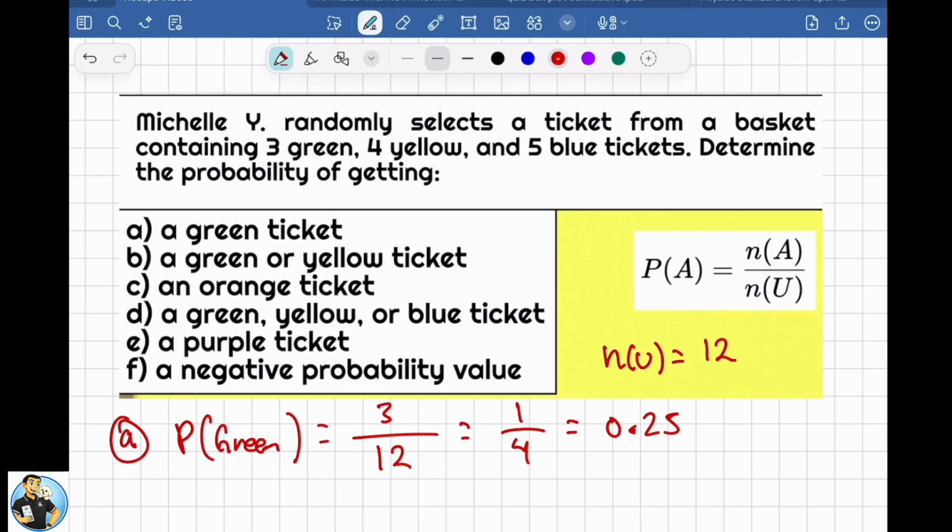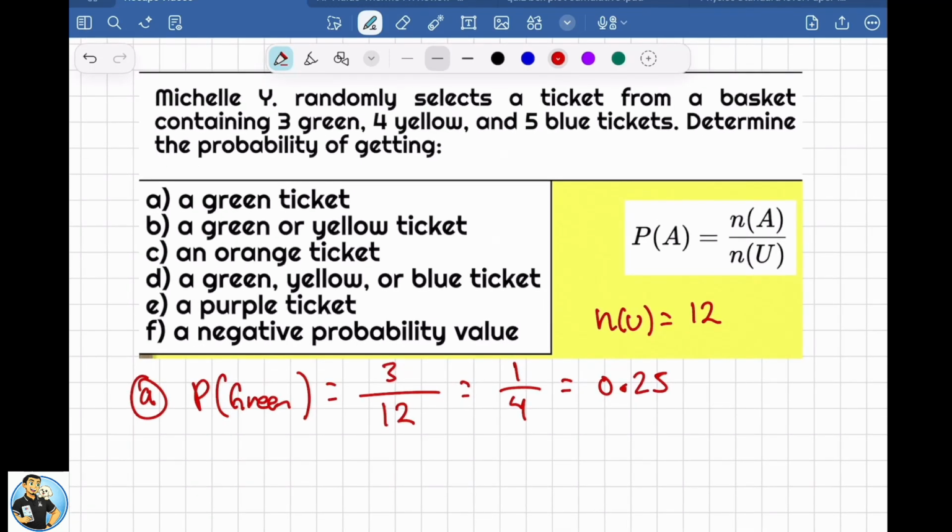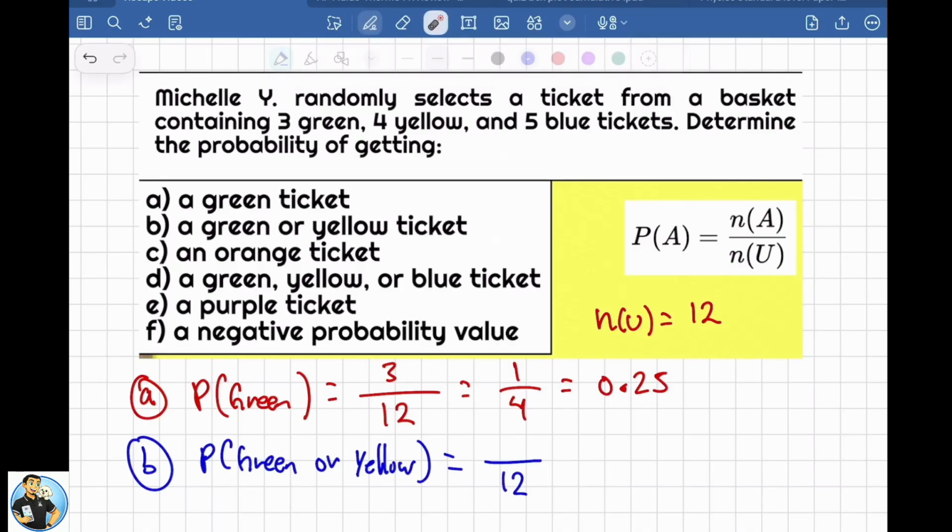But we do not use percentages because they are not asking about any percentage here. So what about B? For B, we have a green or yellow ticket. Probability, green or yellow. Again, the sample space is the same, 12, but now we need to add the 3 green tickets plus 4. So this is 7 divided by 12.